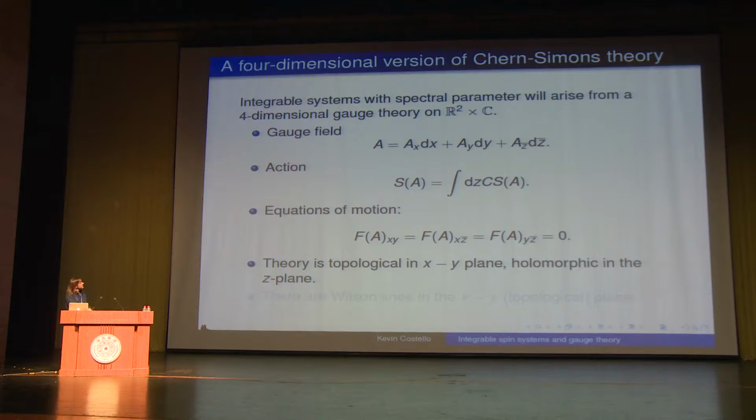So in the xy plane, it's topological, and the z plane is holomorphic, meaning that expectation values of operators will be holomorphic functions of z. And what will be important for us is that there are Wilson lines in the xy plane. We can draw a line in the xy plane, do the usual holonomy of a connection on that line, and that will define an extended operator.